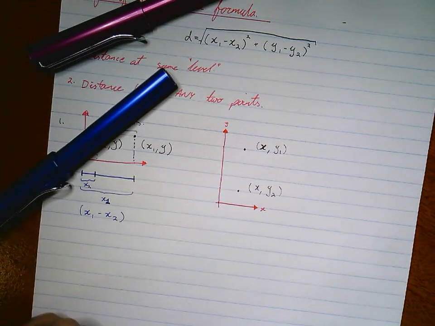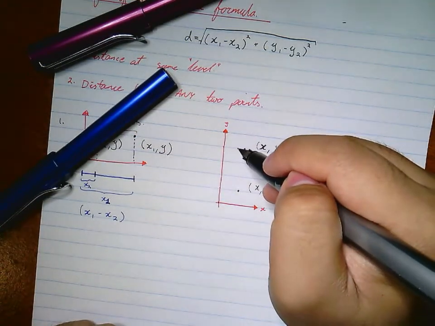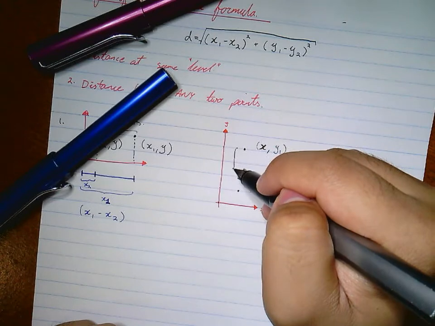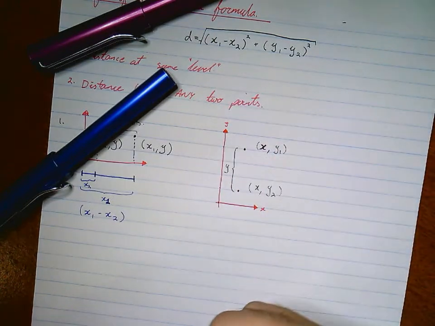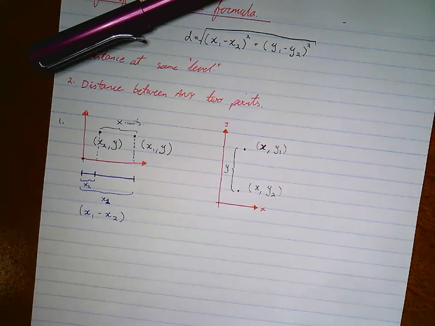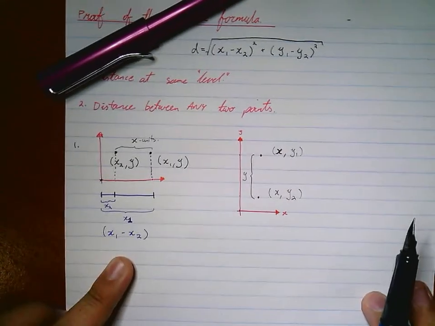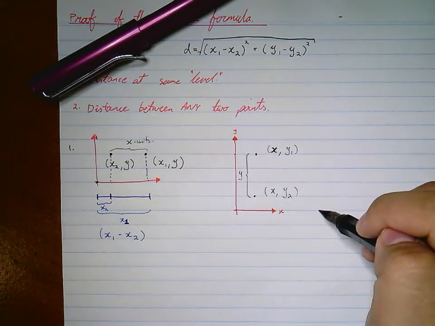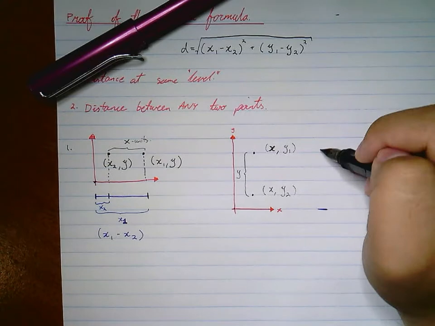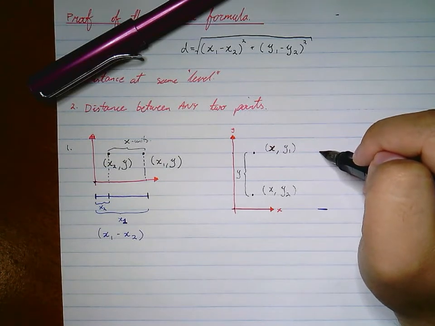And we want to calculate the distance between them. So we want to calculate that length there. Let's label that length y. Okay, so let's use the same idea that we had for the one on the x-axis. Here's 0. And this here is y2 length.